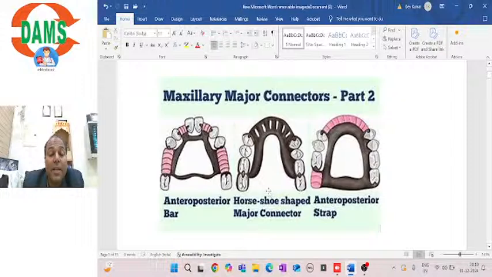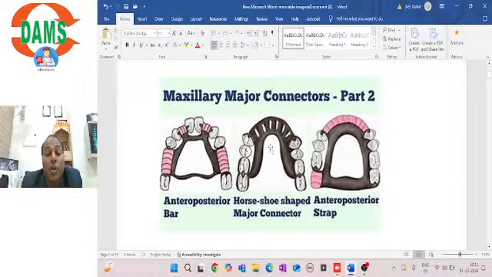But the problem here is, it is indicated when you are replacing only the anteriors. It is contraindicated when you are replacing the posteriors. Why? Because the question often comes that it will flex laterally, and that is a contraindication for any major connector. One more important point is that the open horseshoe shaped maxillary major connector derives its indirect retention from rugae.